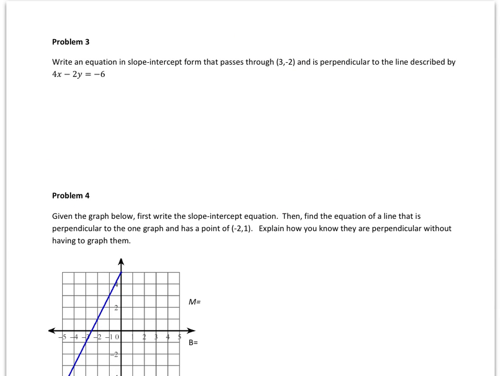So it says write an equation in slope-intercept form. Slope-intercept form, I'm thinking y equals mx plus b. That passes through, so I know where it passes through, and is perpendicular. When I read that word perpendicular, I'm thinking opposite reciprocal to the line described by this.